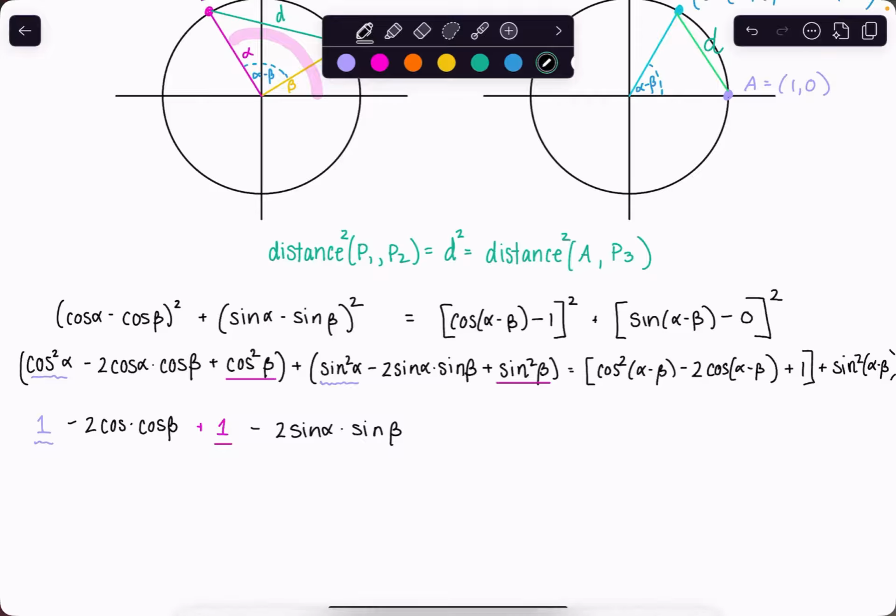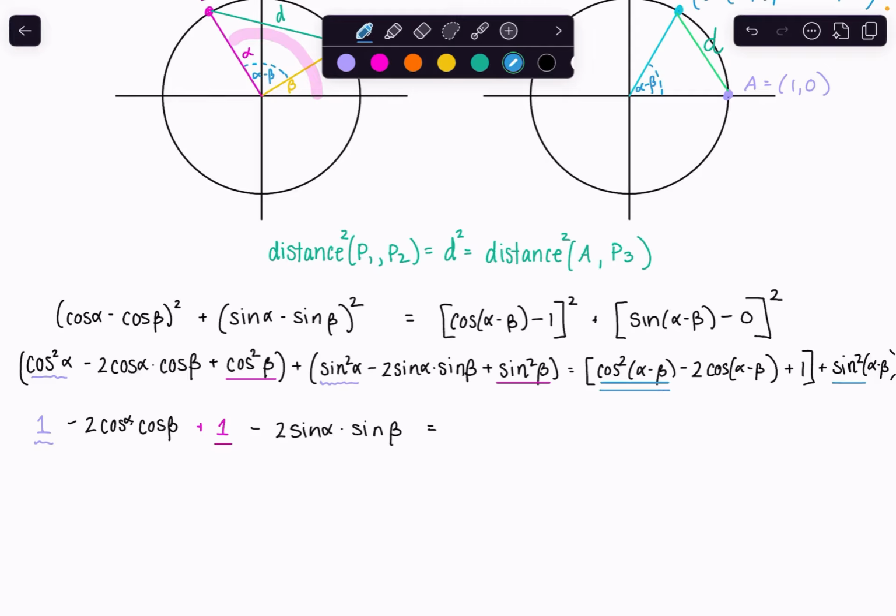So looking good now on that left-hand side. It's cleaned up a lot, and this is looking great because, oh, I forgot my alpha in here. Don't do that. So I've got the cosine of alpha, cosine of beta, sine of alpha, sine of beta, which is what I want. Then on the right-hand side, we've got cosine squared of alpha minus beta.